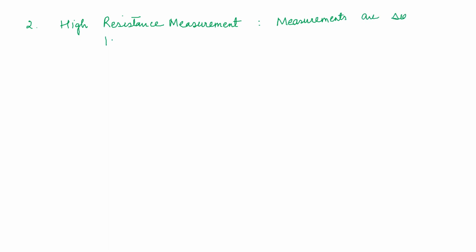Why is it happening so? Because a galvanometer is a device used to measure a very small amount of current. When a resistance is very high, the galvanometer is unable to show such deviations. So it becomes insensitive.